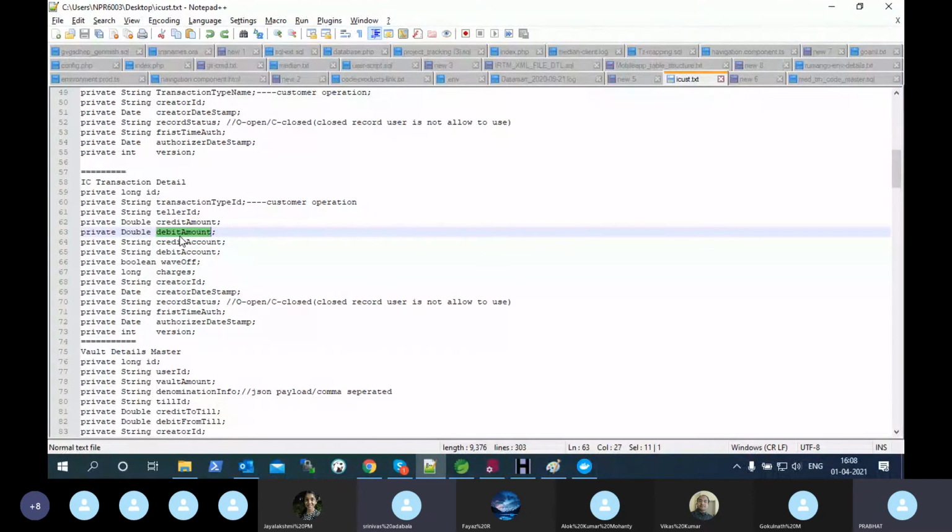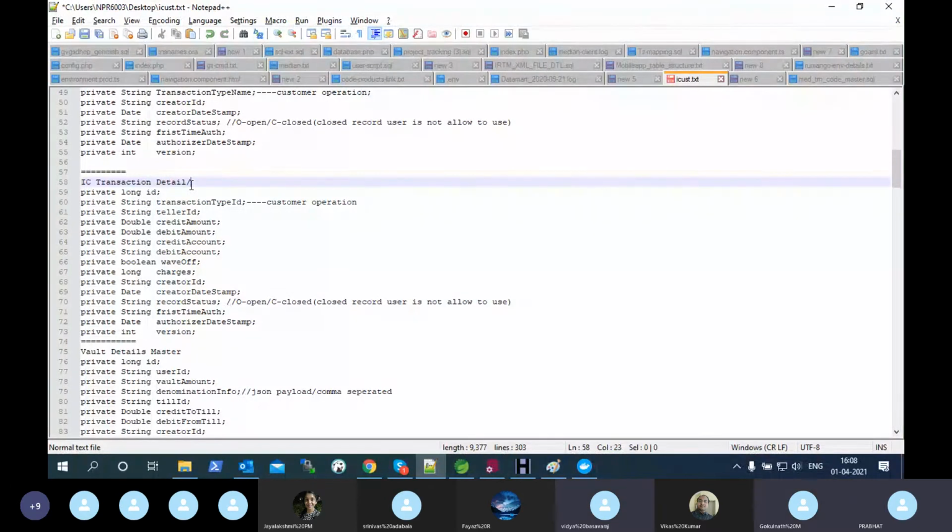Okay, a failed entry will not come here. It will be maintained in some other table, but if we want to maintain it here also, we will think about that. We didn't think about that one. When a transaction fails, we will look at it later. But this transaction table means it's a final transaction. Actual amount is debiting and crediting. Okay.